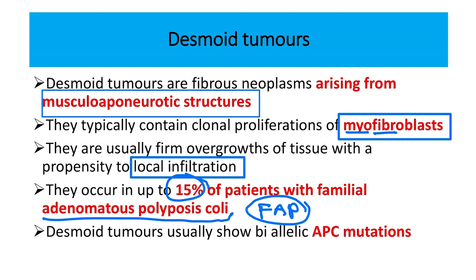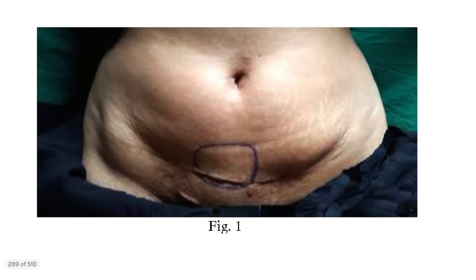That means 15 in 100. The FAP is associated with this desmoid tumor, and it is usually a biallelic APC mutation. When there is a biallelic mutation, two alleles, both chromosomes, are involved, and there is a high risk of development of the desmoid tumor.